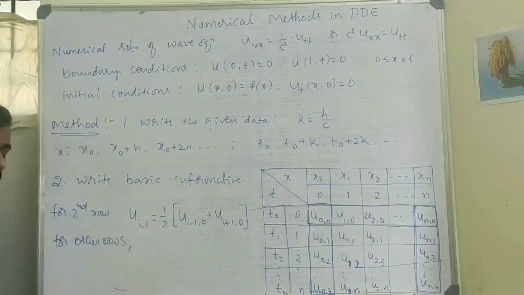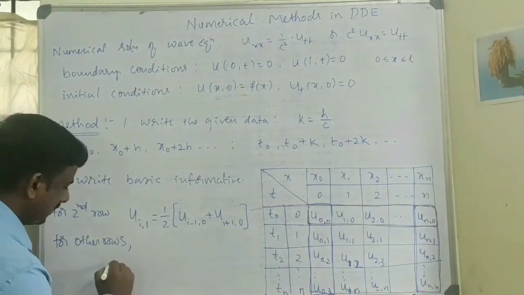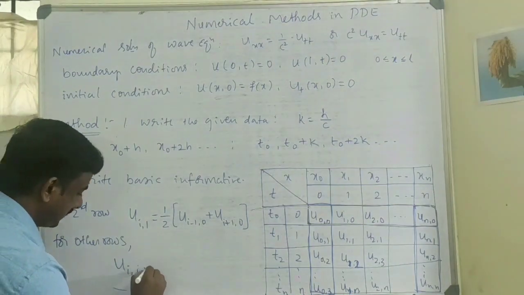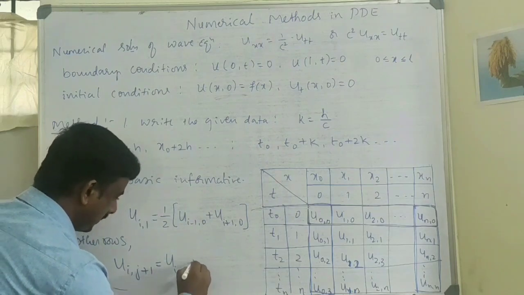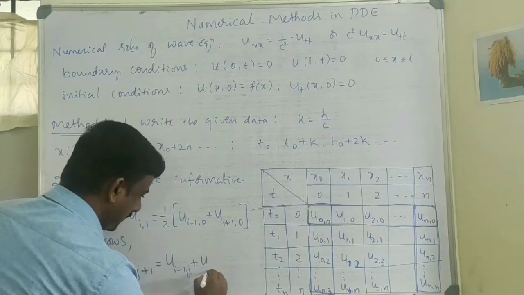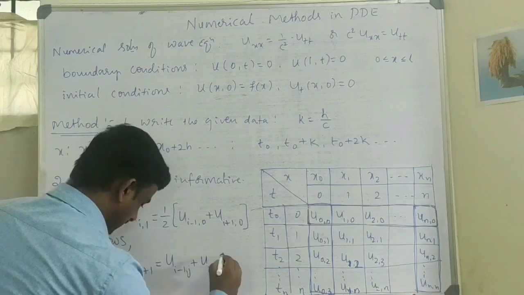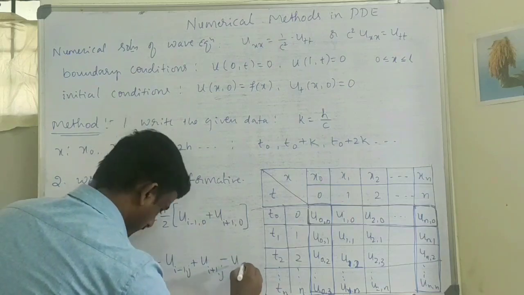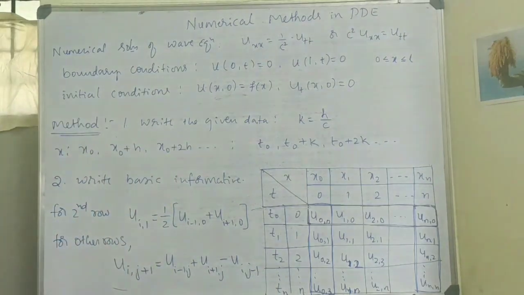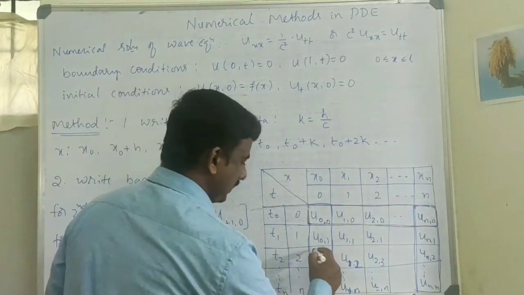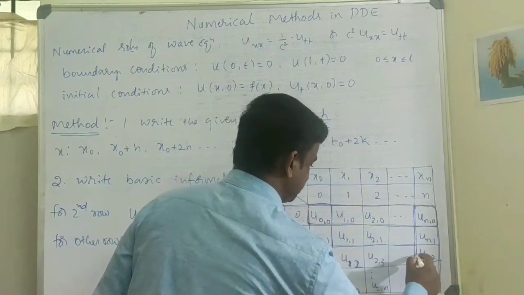For entries in other rows, you have to use the formula u i,j plus 1 equal to u i minus 1,j plus u i plus 1,j minus u i,j minus 1. So this is the formula you have to use to determine these entries.